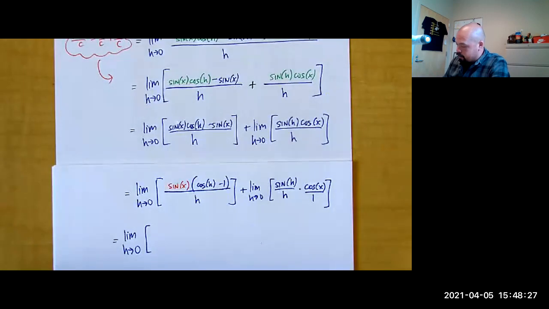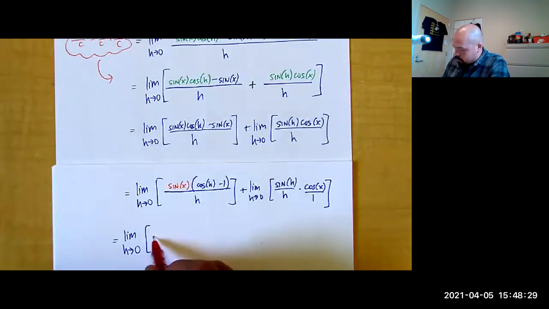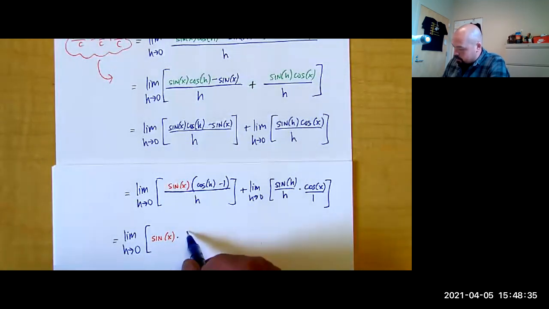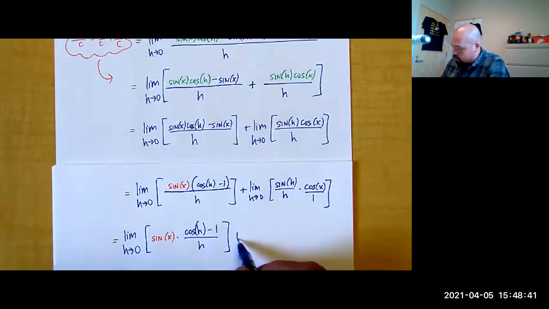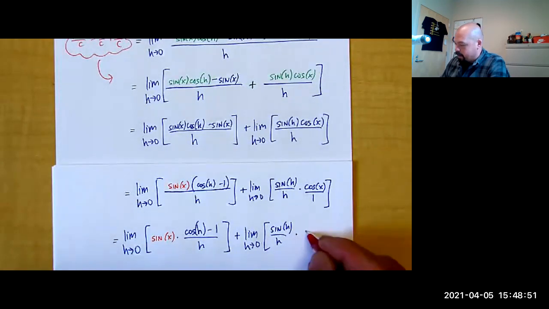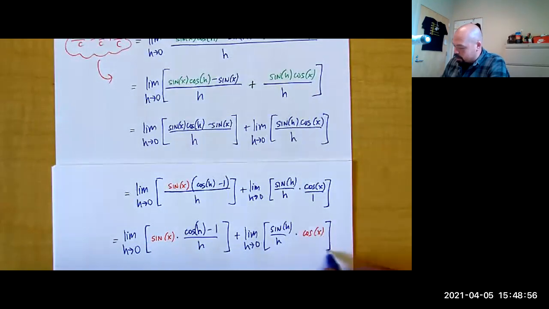I have my sine of x times cosine of h minus 1 all over h, plus this limit as h goes to 0, sine of h over h times just the cosine. I think I mixed up my color coordination here compared to my special limit discussion earlier.